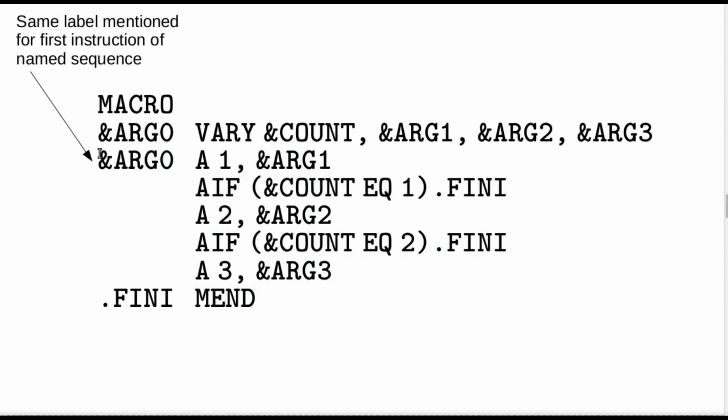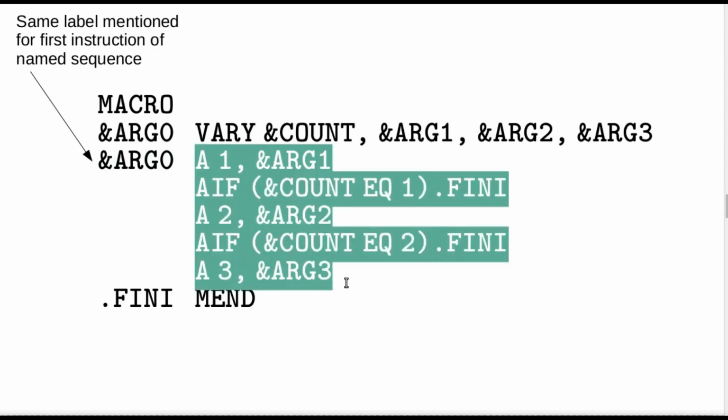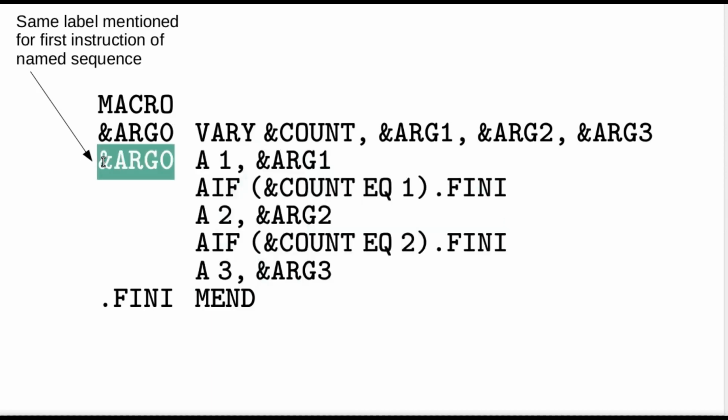So we could pass any name in place of &ARG0, which we will see during the final macro call. We will find in the final macro call that we can pass different names in place of &ARG0. That will be clearer at that point of time.